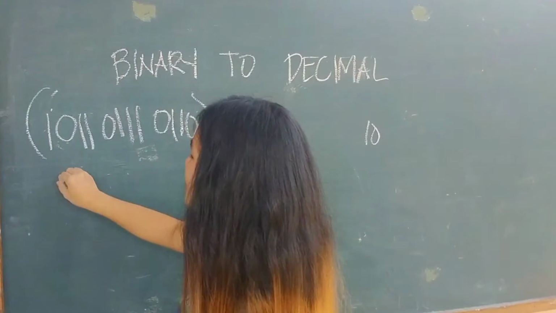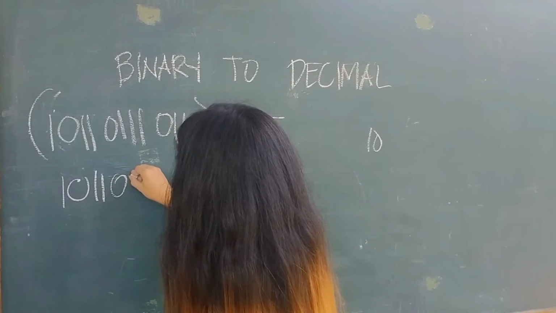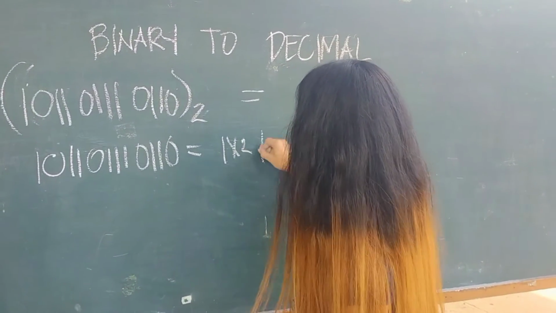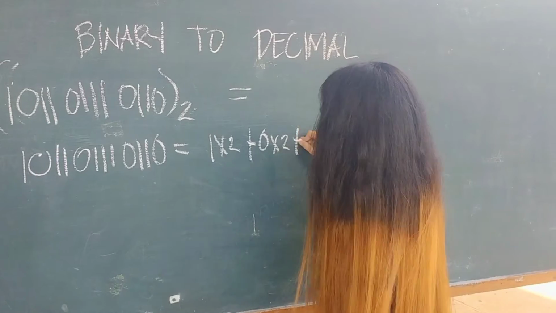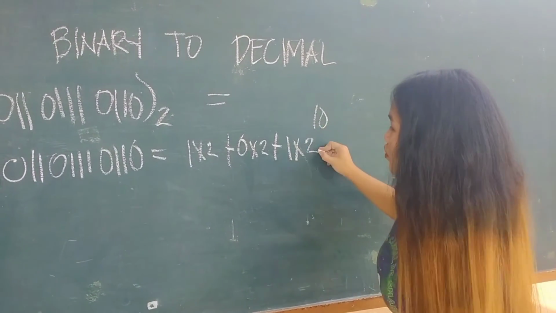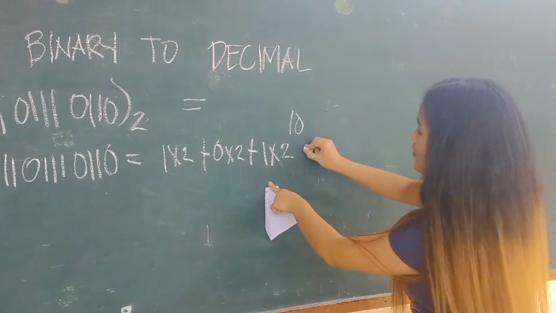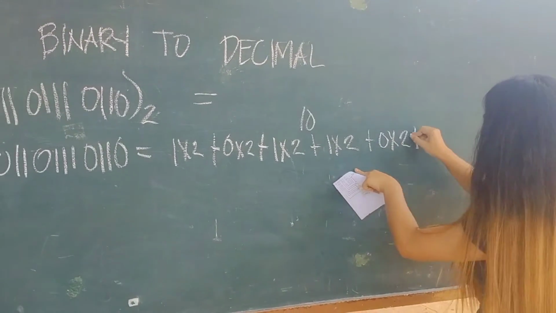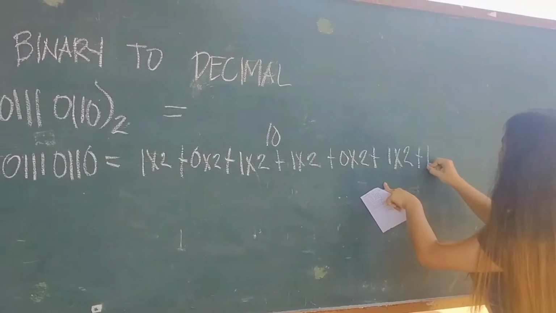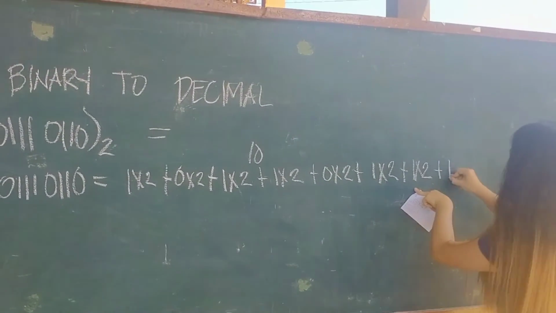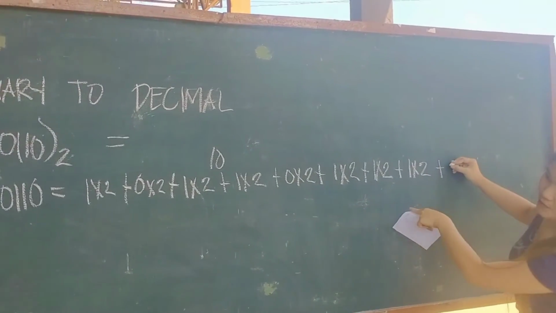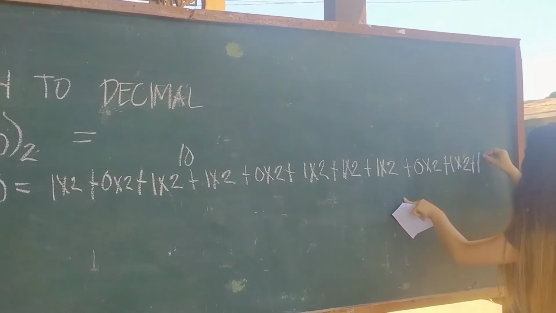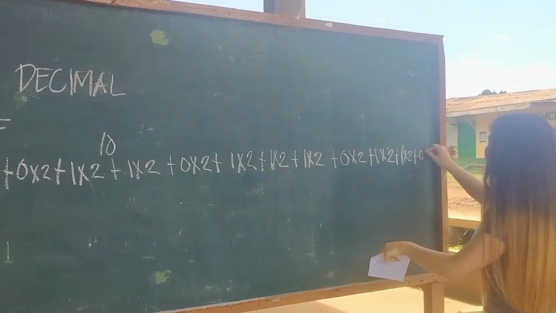This equals 1 times 2 plus 0 times 2 plus 1 times 2 plus 1 times 2 plus 0 times 2 plus 1 times 2 plus 1 times 2 plus 1 times 2 plus 0 times 2 plus 1 times 2 plus 1 times 2 plus 0 times 2.